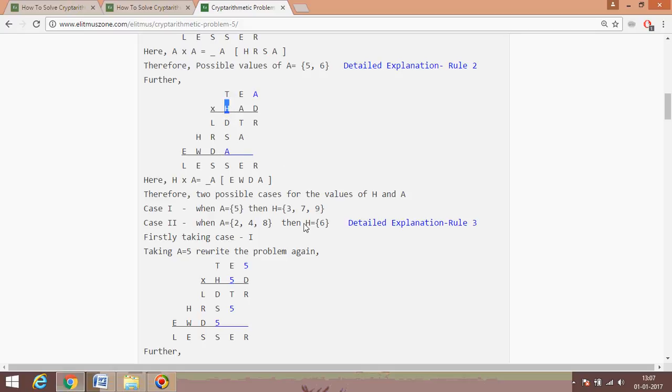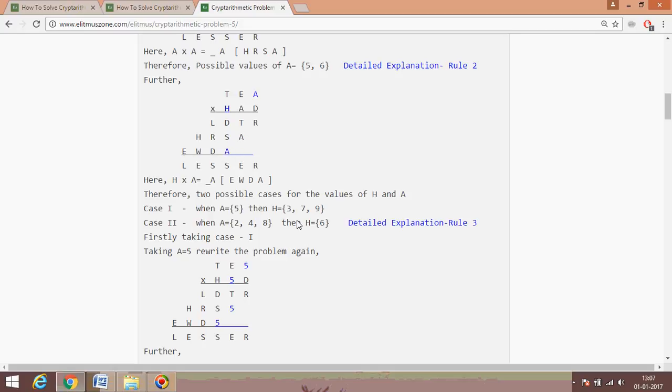Now take H is equal to 6 and A is equal to 4. 6 cross 4 is 24, the last digit is 4, which is A equal to 4.